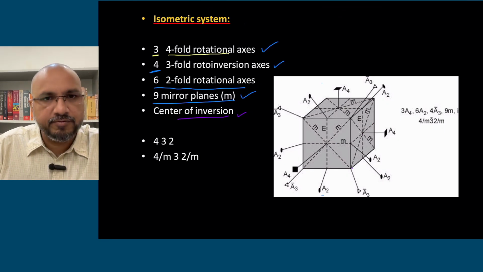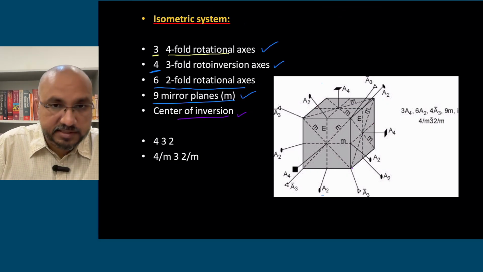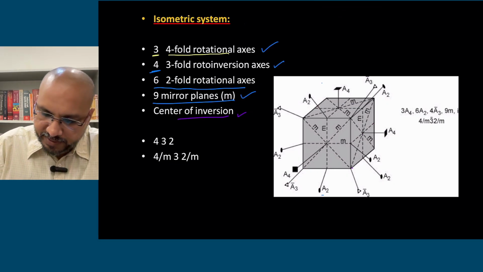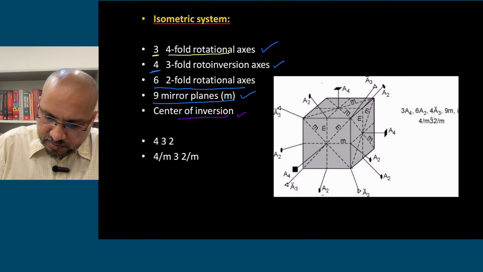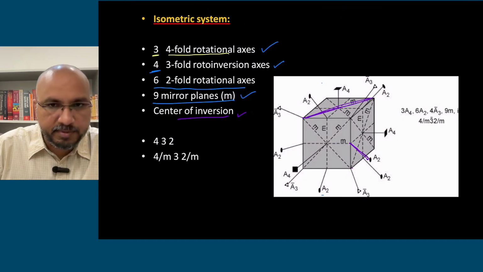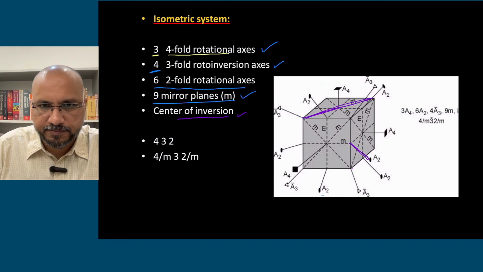So you also have 2-fold rotation axes, and for the 2-fold rotation axes you also have perpendicular mirror planes. For example, for this 2-fold rotation axis, you have this diagonal mirror plane which is perpendicular.